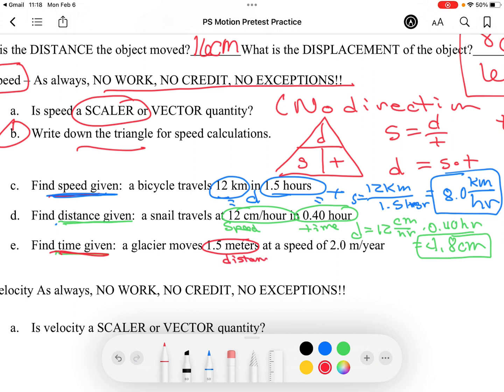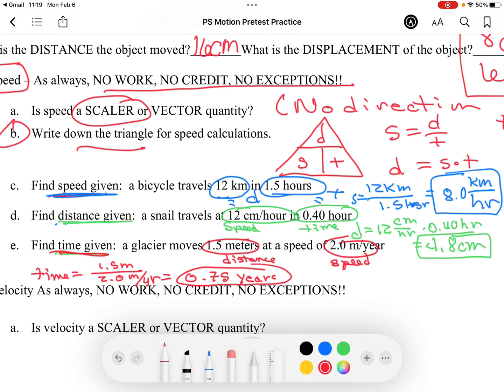Then find time. So we're asked to find time. Here we're given distance. And here we're given speed. So our time will equal our distance, 1.5 meters, divided by 2.0 meters per year.